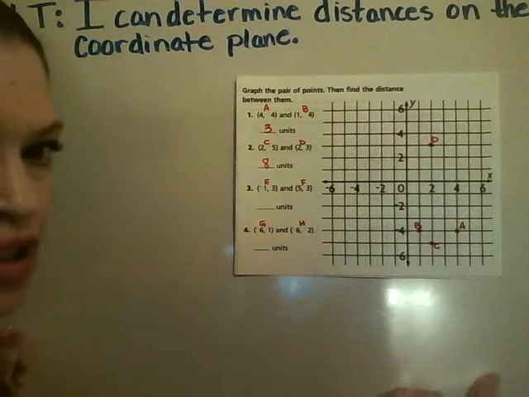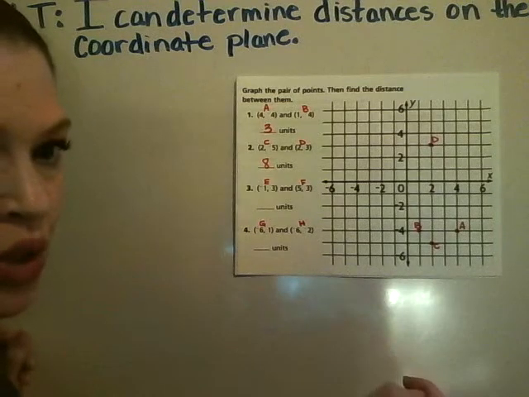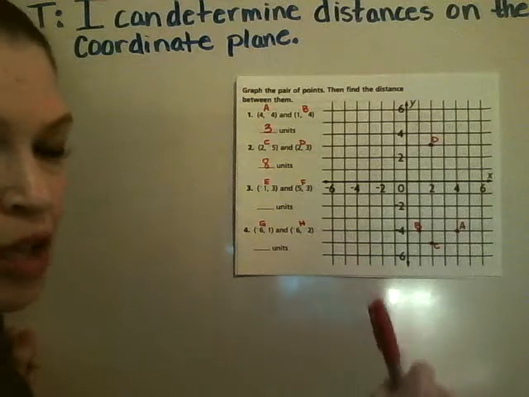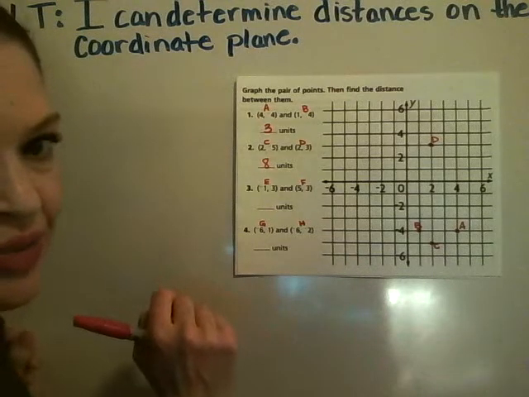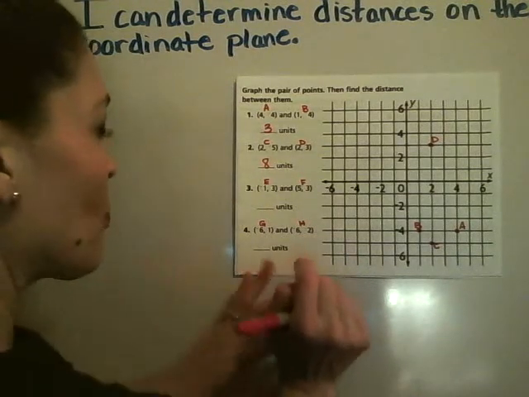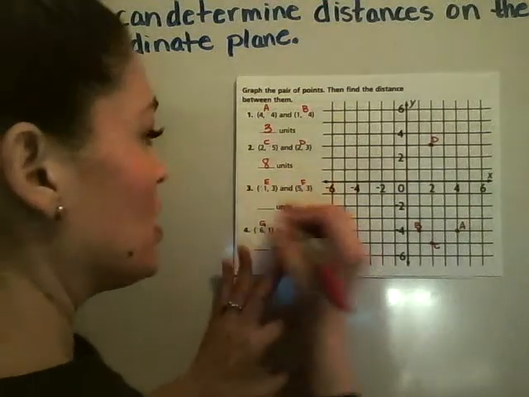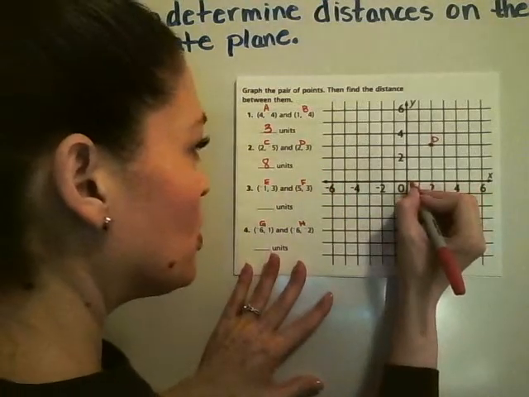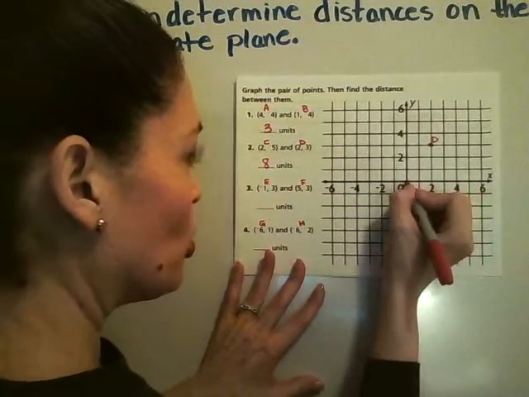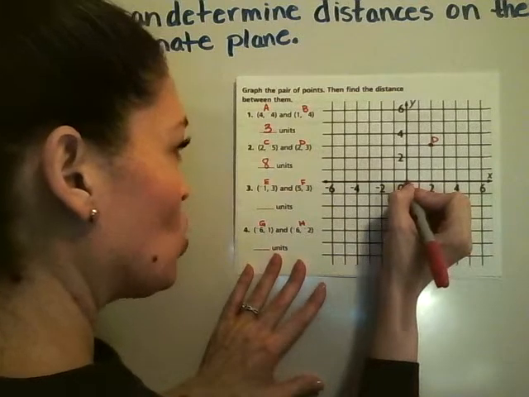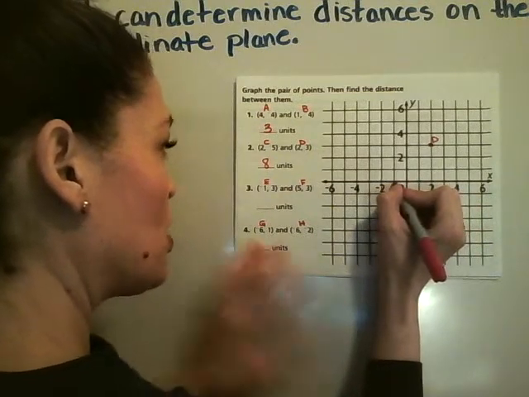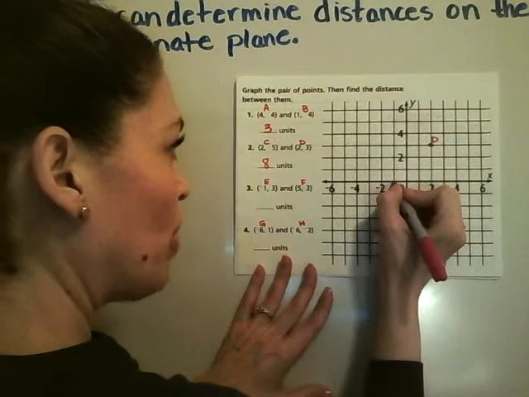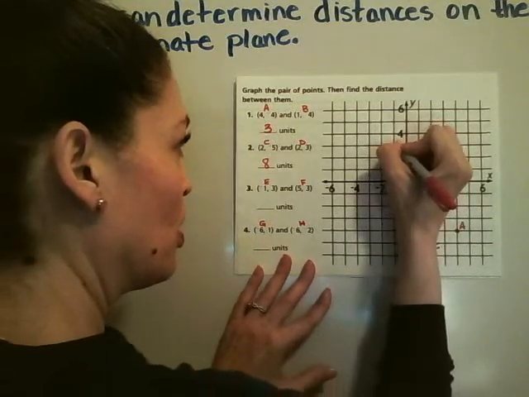All right, you can go ahead and try 3 and 4 on your own. Pause me and then check back in to see if you got it right. All right, E is -1, +3. So I'm going to travel from the origin, go to the left 1 because it's negative. -1, +3.